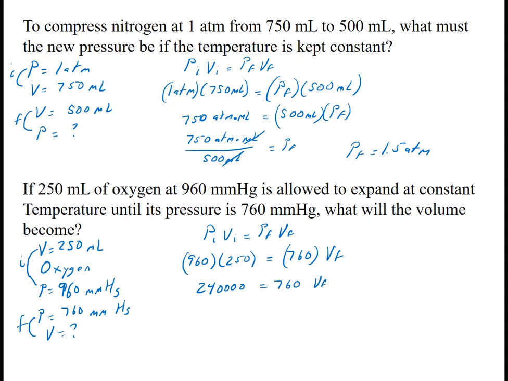Now I'm going to divide both sides by the 760, so 24 with 4 zeros divided by 760 is equal to VF. So VF ends up being 316, and the unit again is going to be the same. So my volume unit here was milliliters, so my unit is milliliters.